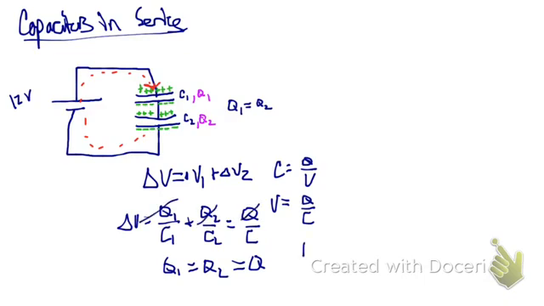We get 1 over our total capacitance equals 1 over C1 plus 1 over C2, and so on, plus 1 over Cn.